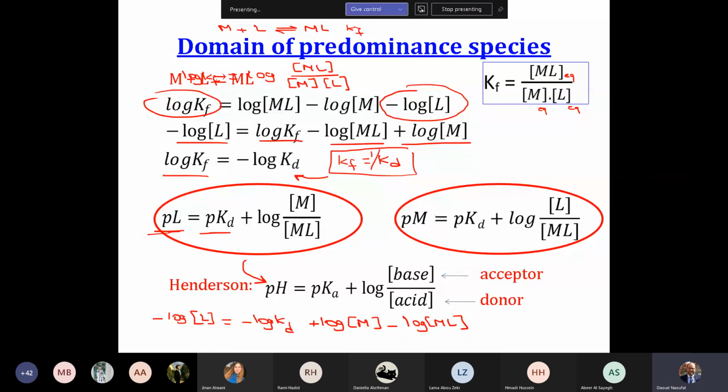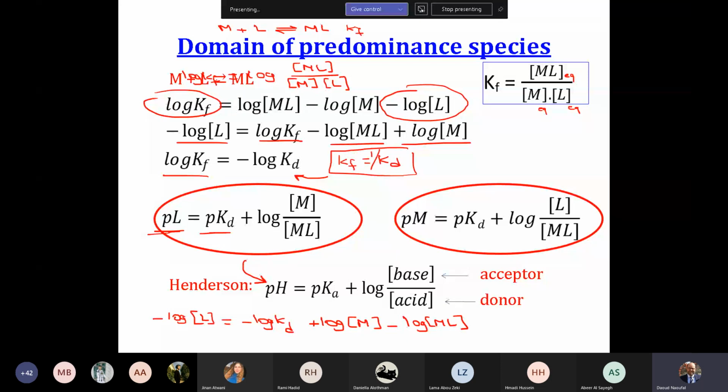As a conclusion, in the acid-base we have one particle exchanged, which is the proton, and we proved the Henderson equation from Ka, which is the characteristic of the acid-base couple: pH, the P of the particle exchanged, equals pKa plus log acceptor divided by donor, so plus log base over acid.